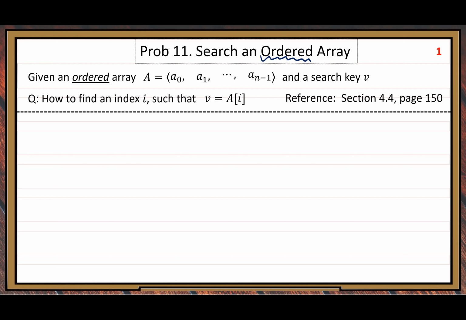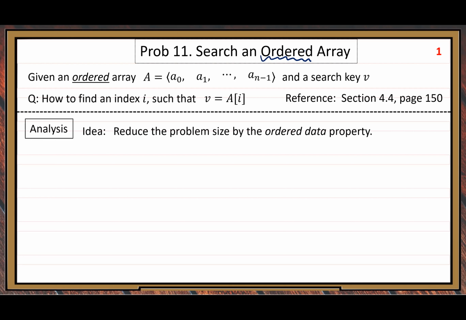The ordered data property. All right, let's do the analysis. Here, how to take advantage of this ordered property? That's the most important thing we need to do. The idea is we use our old idea: reduce the problem size by the ordered data property. We used this way many times before.